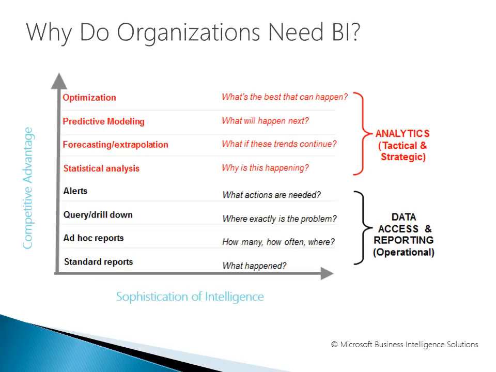And if we understand what will happen next, then we can optimize the process. And that's really the pinnacle of analytics, and that's saying what's the best that can happen. So as we move up the spectrum of these technologies, the sophistication of intelligence also increases. As we get better, it requires the organization to be poised to be able to handle this shift of focus.